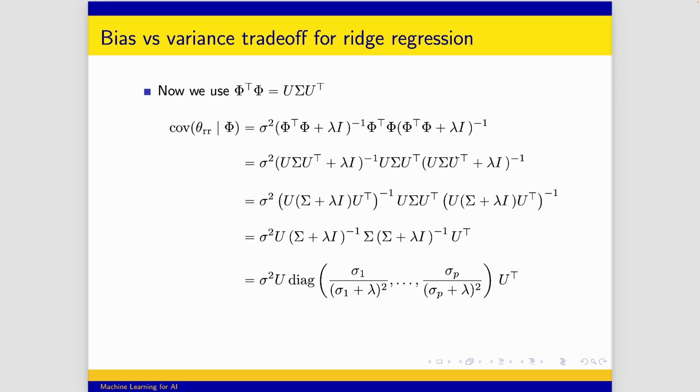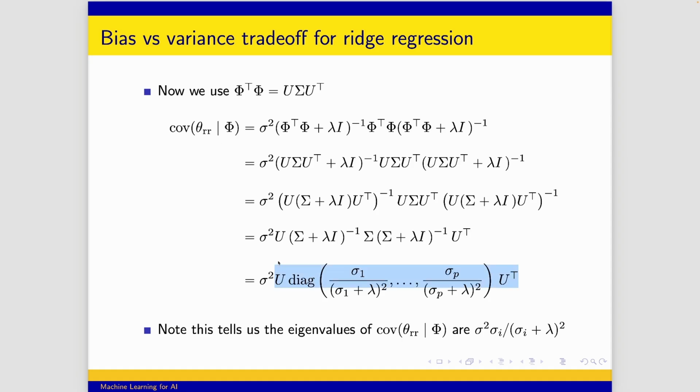Okay, so what does this tell us? First of all, this tells us that the eigenvalues of this covariance are given by sigma squared times these individual terms. Why is that? Because we know this is a positive semi-definite matrix, so it will have an eigen decomposition, and it should look like V times sigma, let's say sigma prime, so as not to confuse it with the one for phi transpose phi, times V transpose.